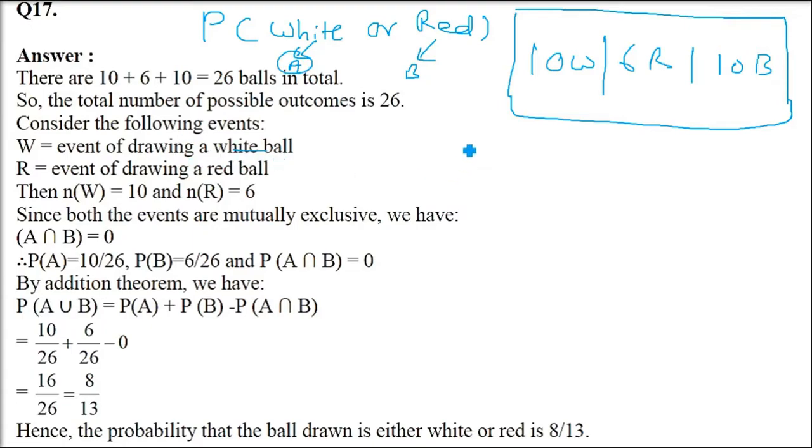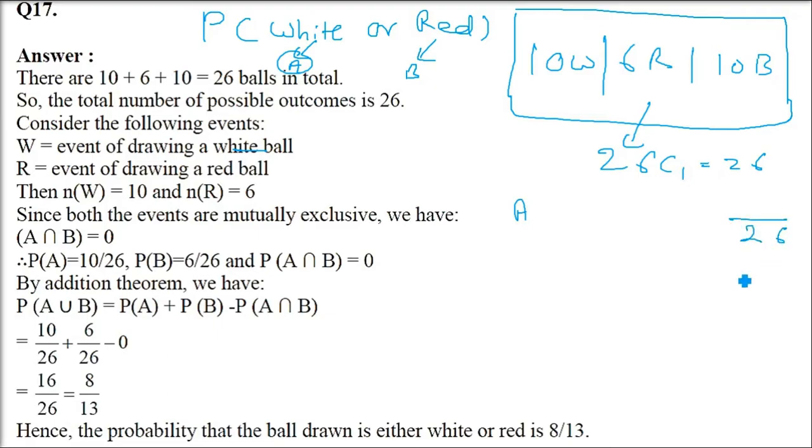So the total number is what? 10 plus 6 plus 10, that is 26. Out of 26, one is being drawn. So 26C1 is the total number of cases. In every probability, this denominator is 26.